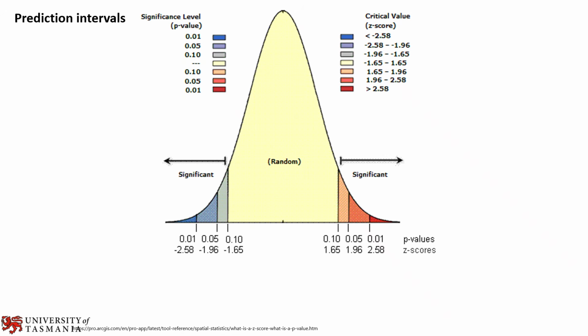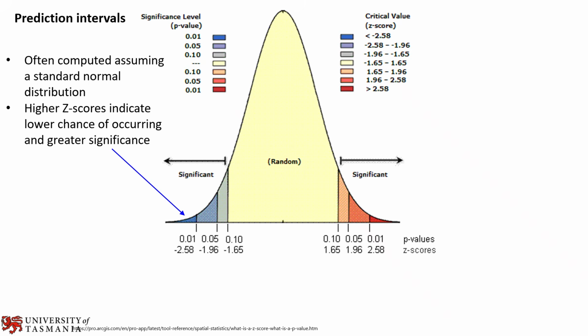How does it actually look in practice? People typically use a Gaussian distribution or a standard normal distribution. Higher z-scores indicate a lower chance of occurring and therefore greater significance. So on the top row here, I've shown the p-values, so 0.1, 0.05, 0.01. Corresponding to those p-values, I've got the z-score.